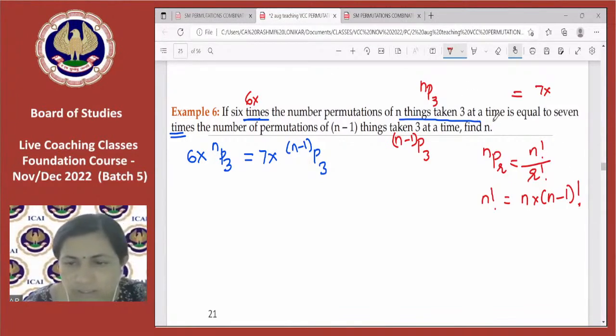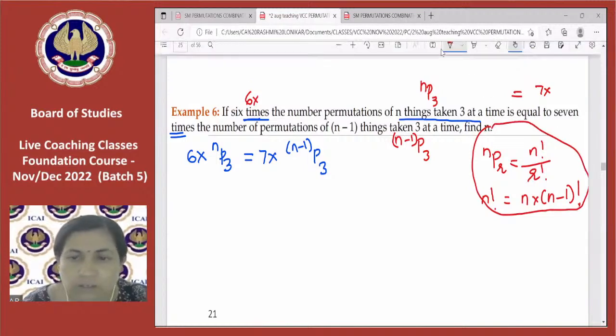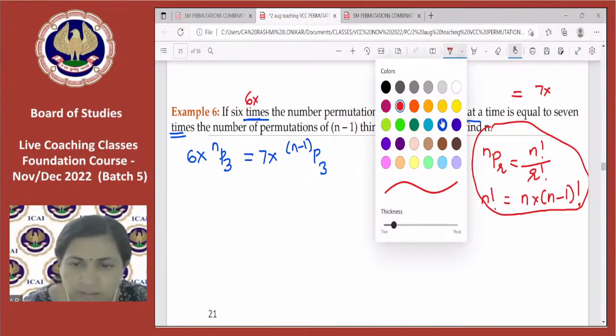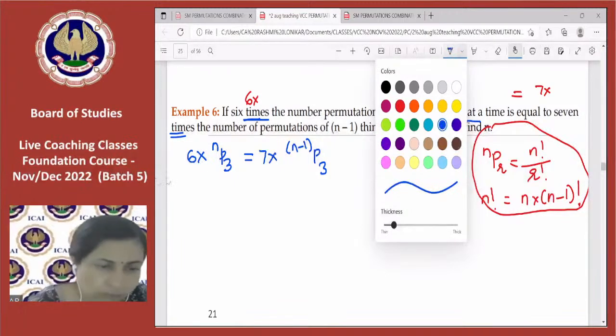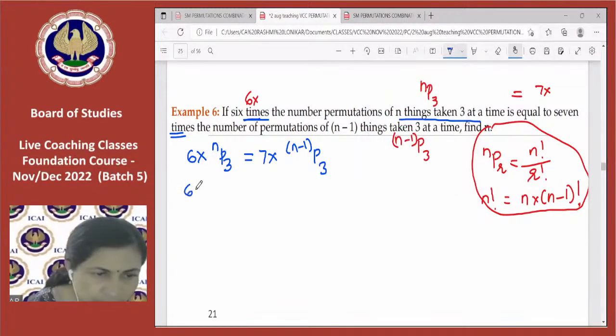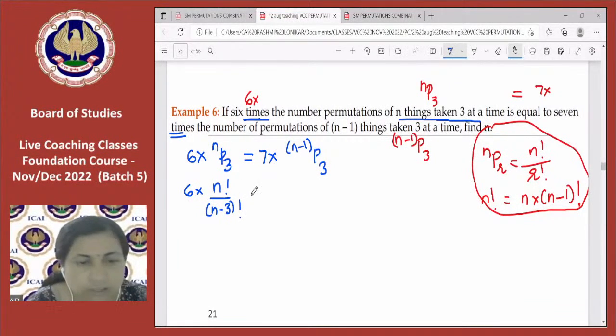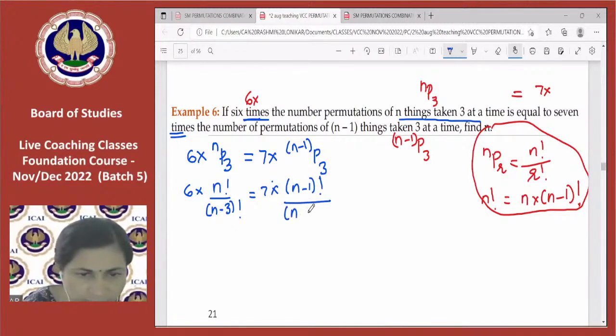These are the two important things I will be using. So I write 6 into n factorial upon (n minus 3) factorial is equal to 7 into (n minus 1) factorial upon (n minus 1 minus 3) factorial.